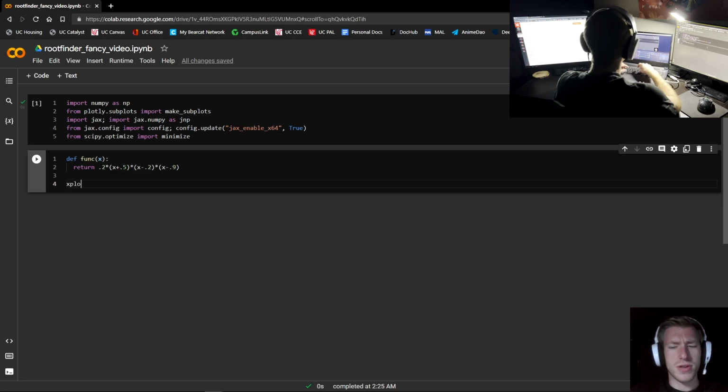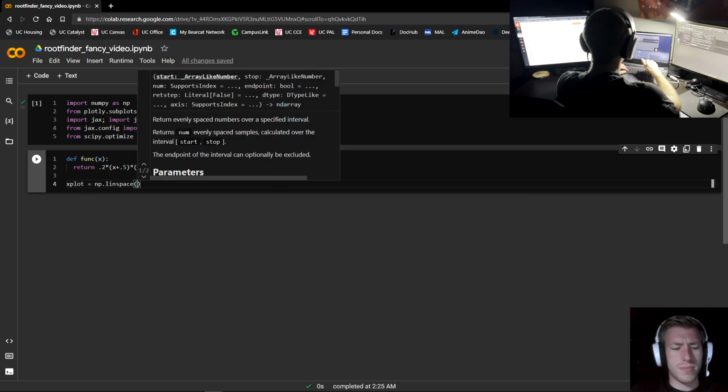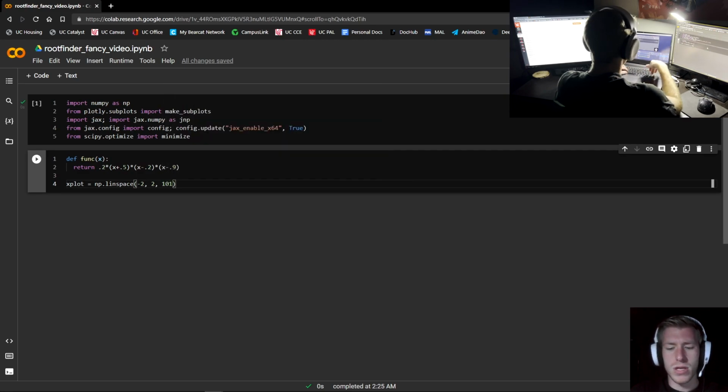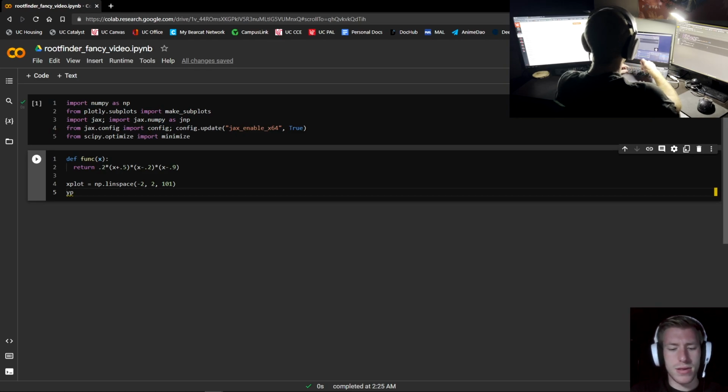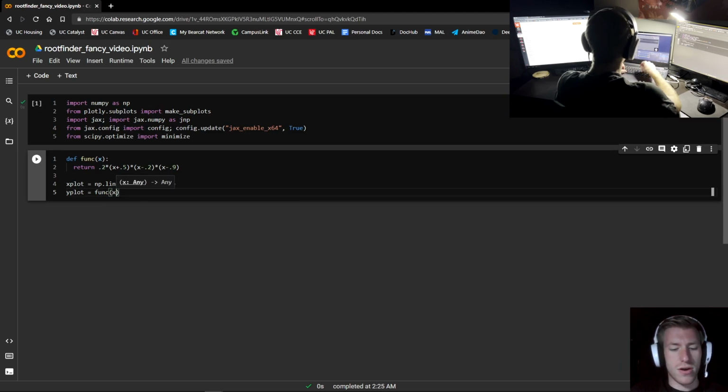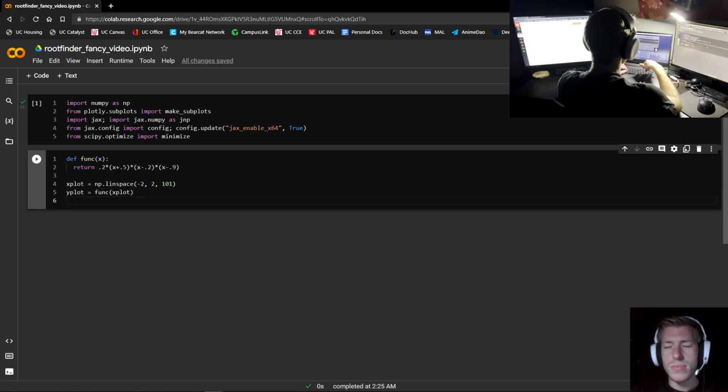Let's plot it up. So we're going to do xplot, and we need np.linspace. We're going to go from -2 to 2. And we're going to have 101 numbers on there. yplot is just going to be running our function with all of our values of xplot. And then all we're going to do is create a new figure and put the graph on there.